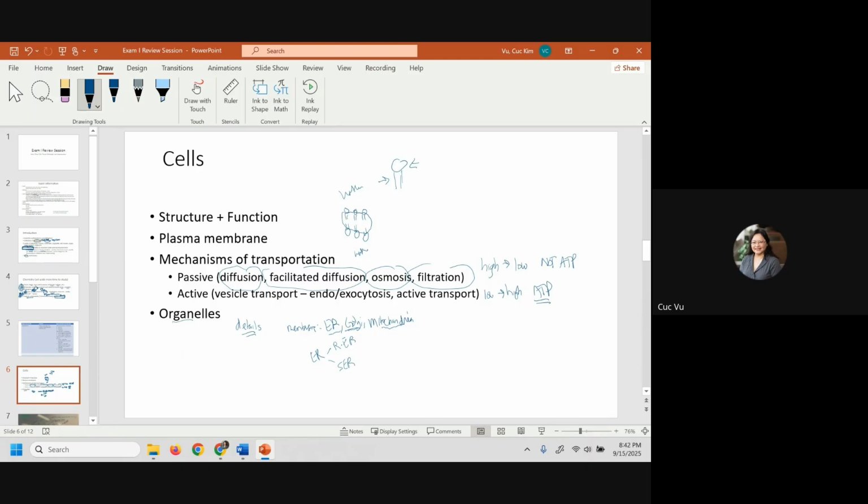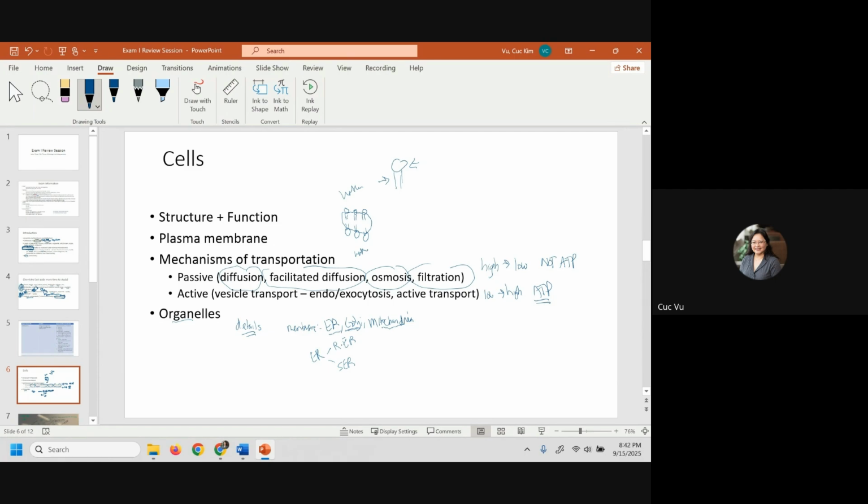It helps to move things that are being produced from the nucleus throughout the cell and to the cell plasma membrane. So the rough ER is a network of channels, just to transport things.